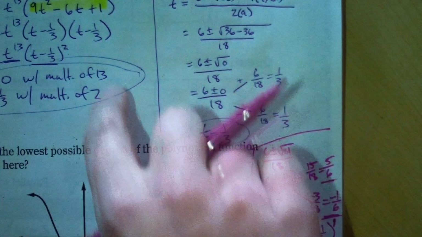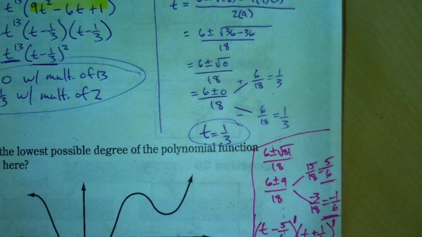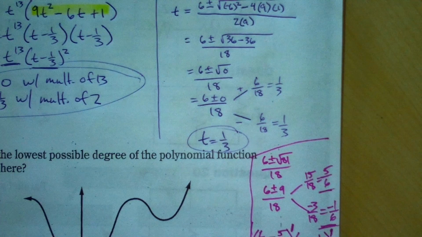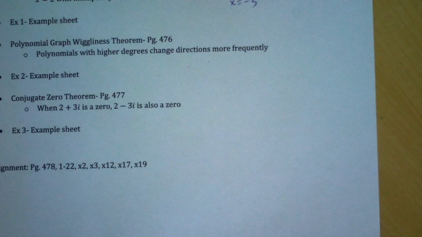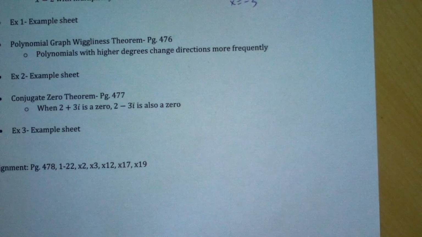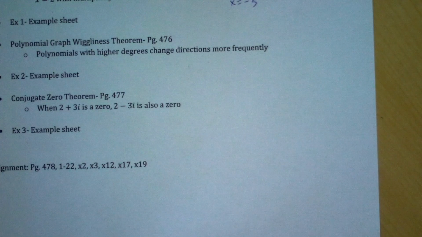One more thing to talk about here is the conjugate zero theorem, which is kind of what we were talking about before. It says let p of x equal a polynomial, and your power can't be 0. If you have a zero z that is a complex number, like a plus bi, then the complex conjugate is also going to be an answer.